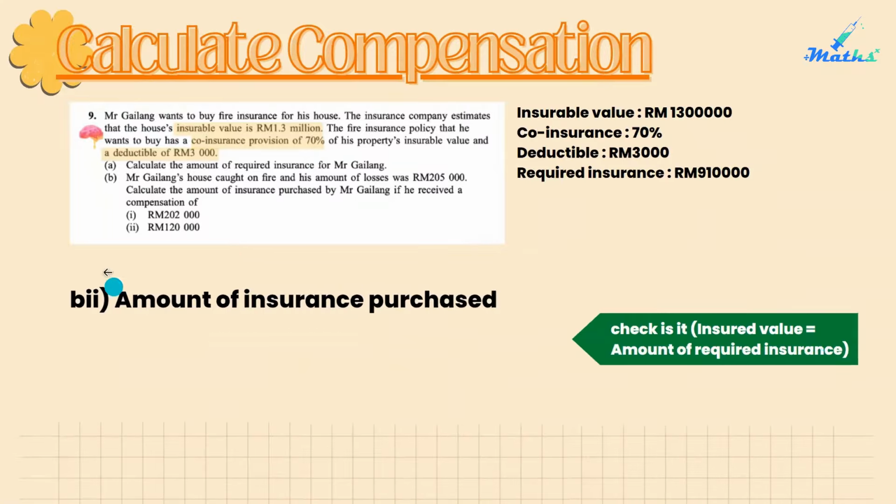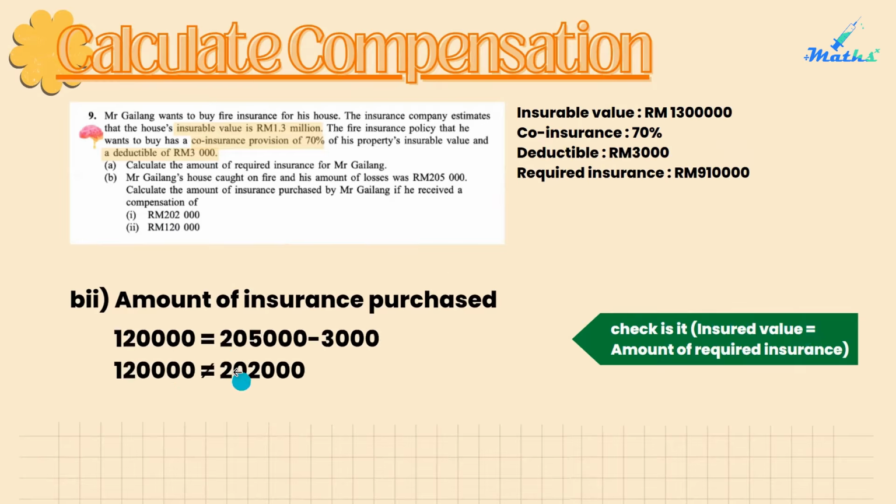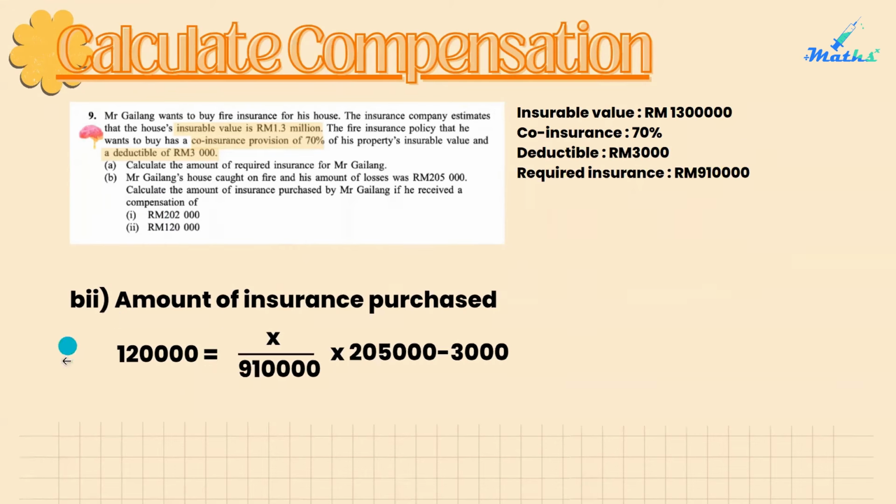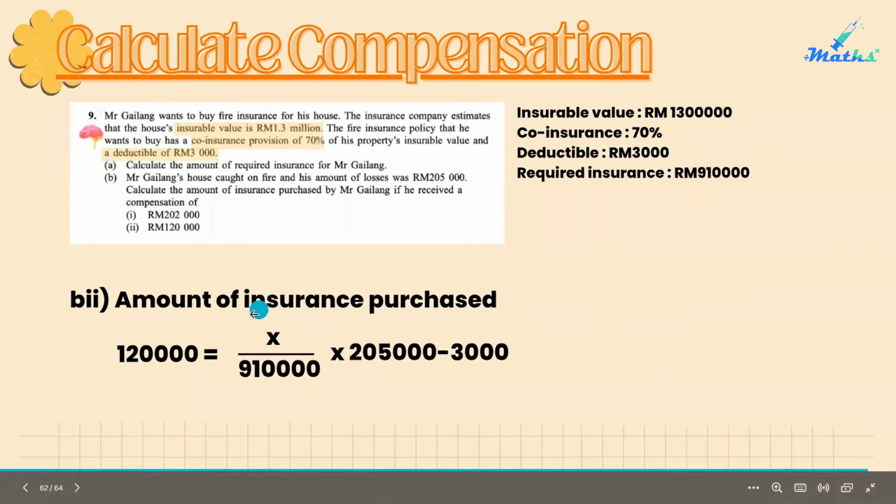So for Roman 2 it is 120,000. First we need to check whether it is equal to the required insurance. Since it is not equal, next we use the formula to calculate the unknown.